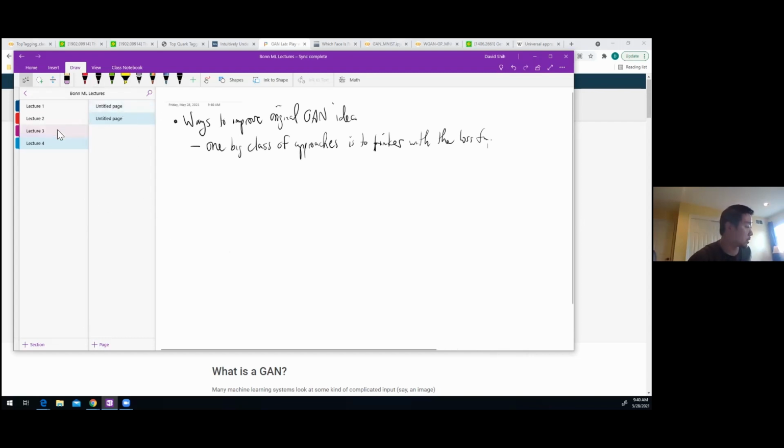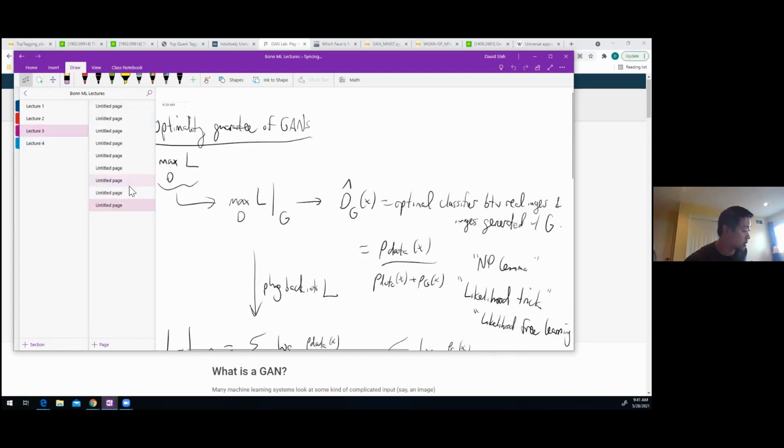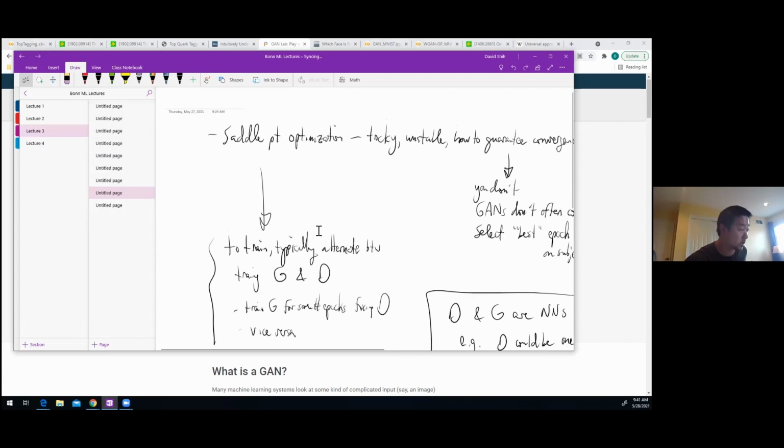People realize that the binary cross entropy loss may not be ideal for the GAN, in part because, actually, I can maybe illustrate that by going back to the previous slides here.